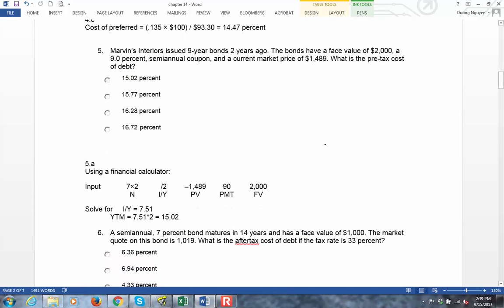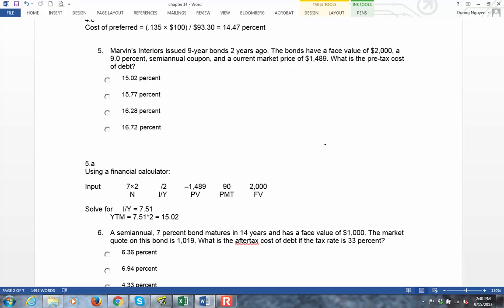Now question number 5, calculate the pre-tax cost of debt. So the only way for us to do this is using the financial calculator to calculate the yield to maturity. The best estimate for the cost of debt is the yield to maturity of the existing bond.